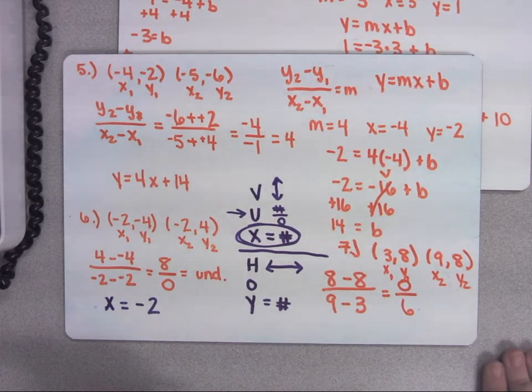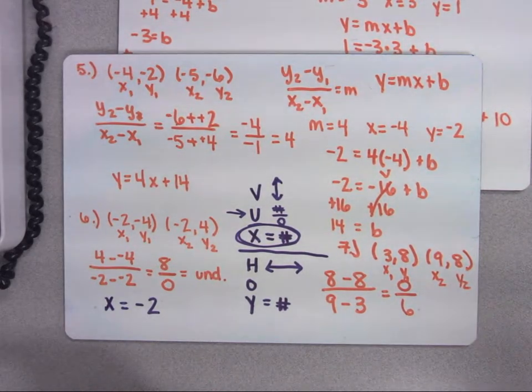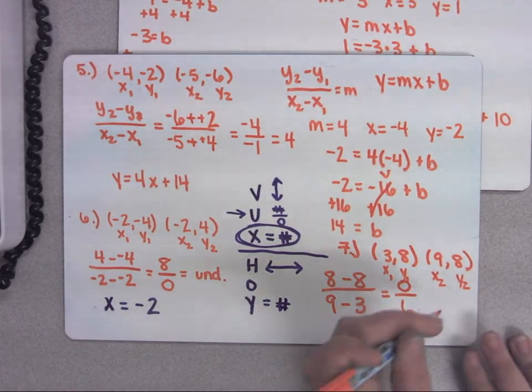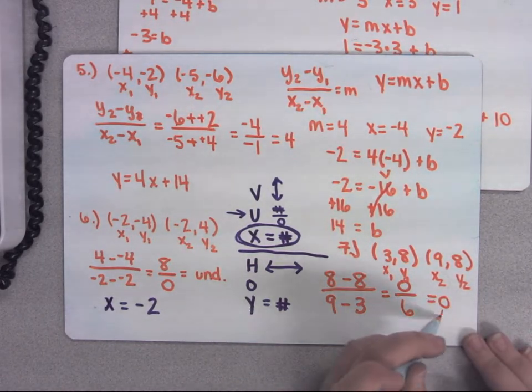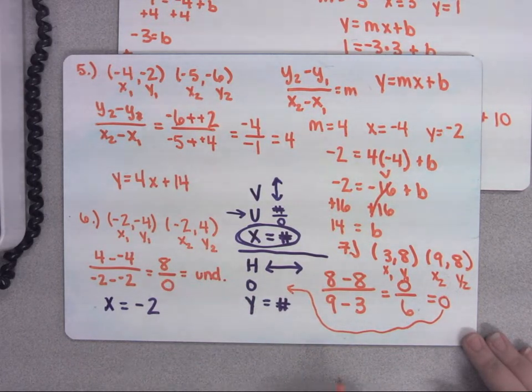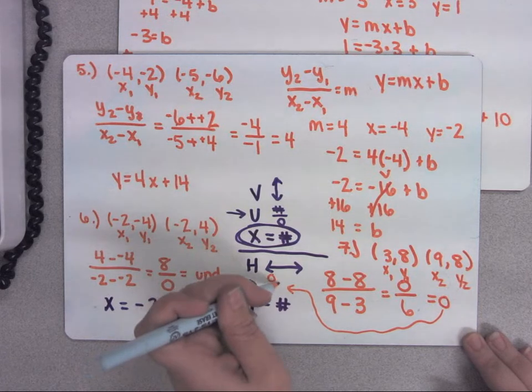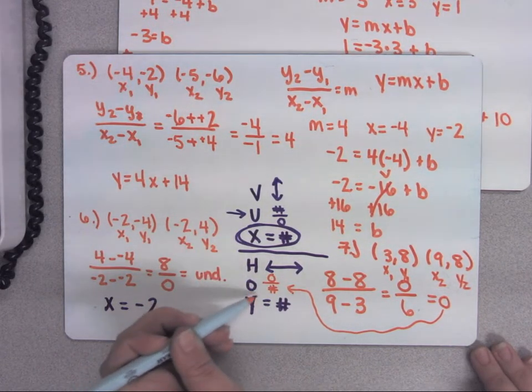Did you get the same fraction answer? What is 0 divided by anything? What's that make you think of? Right there. 0 divided by anything gives you 0.